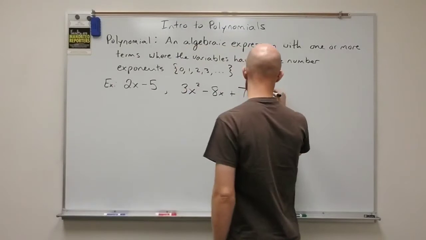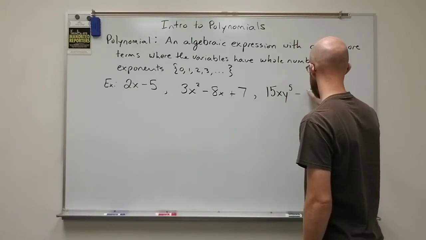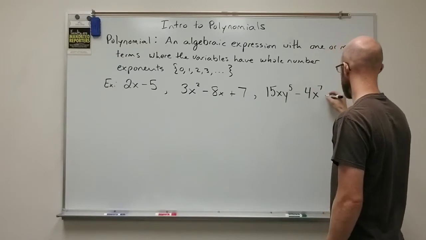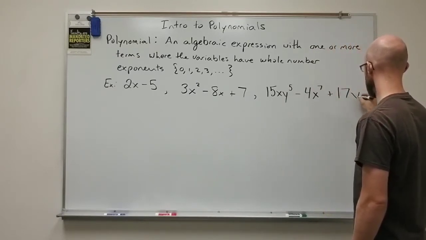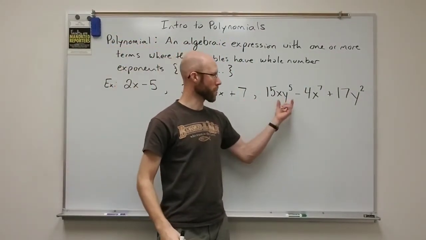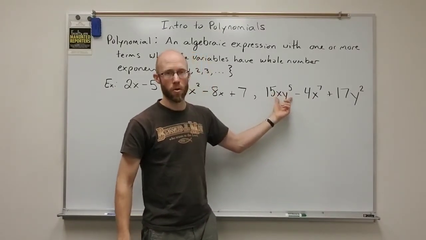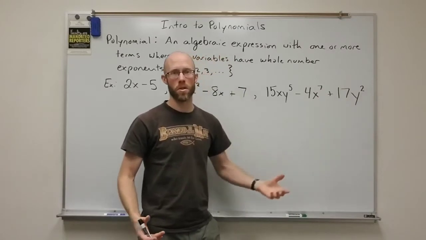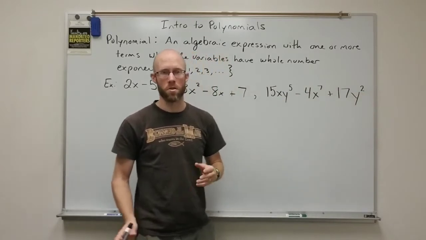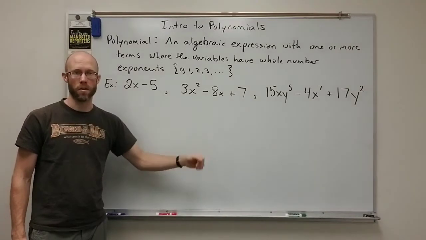So you could have like 15xy to the fifth minus 4x to the seventh plus 17y squared. Okay, and so in this example, I've got three terms with two variables. One of the terms has both the variables, the other terms each have one of the variables. It doesn't matter. Again, as long as your exponents are all whole numbers, so 0, 1, 2, 3, and so forth, then we have a polynomial. Okay.